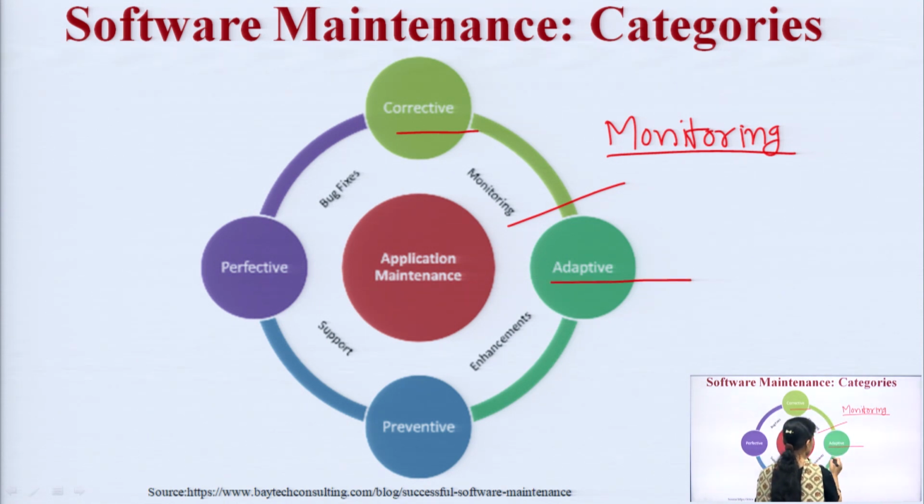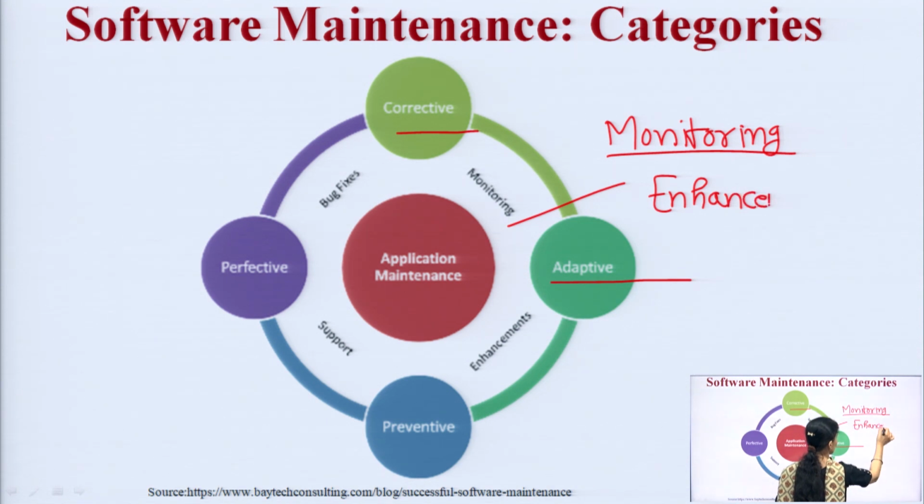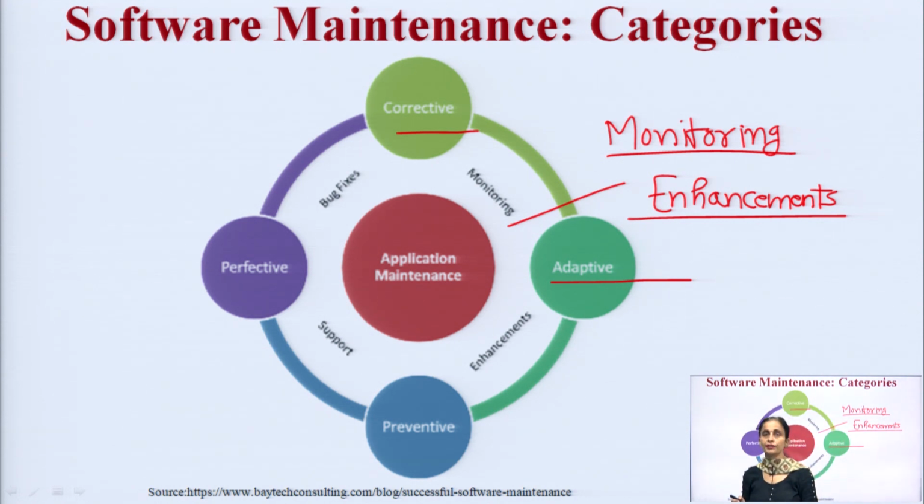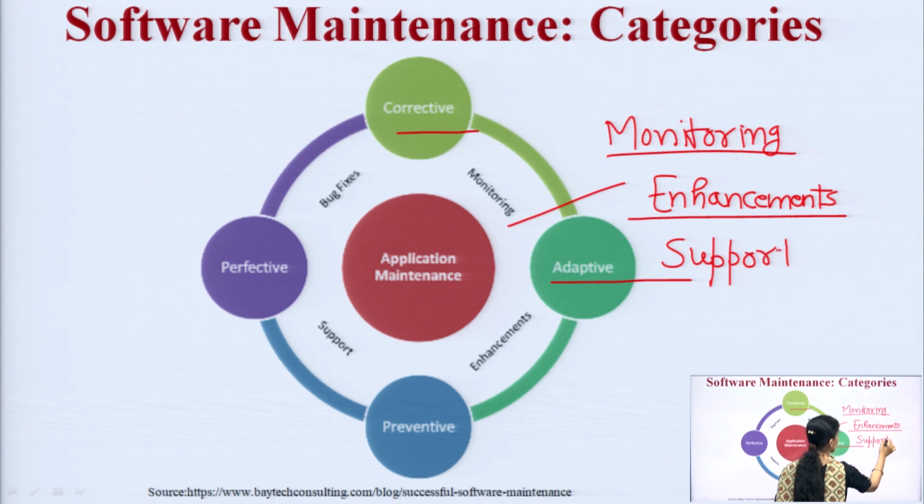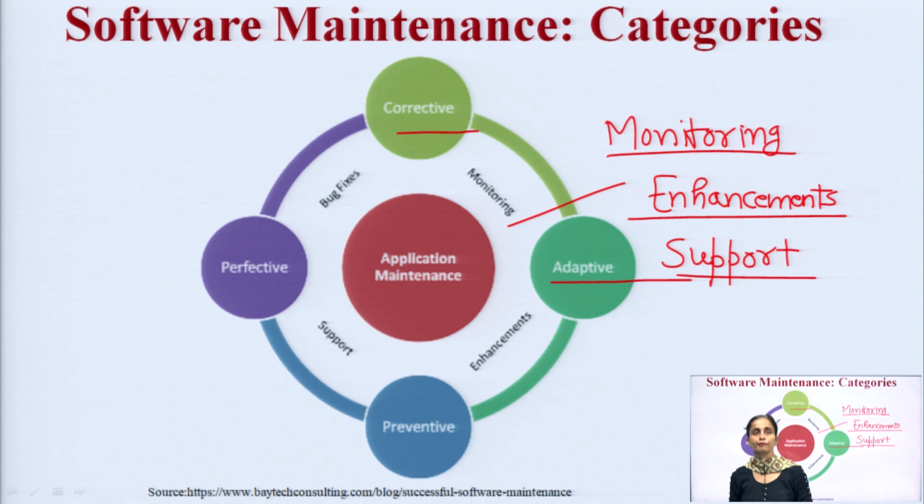Adaptive phase says we have to look for the enhancements, changes. Whatever is existing, how can we enhance these existing things. Then after doing this adaptive, we move on to the preventive maintenance. Preventive maintenance says we have to take care of the support, how we can prevent it.